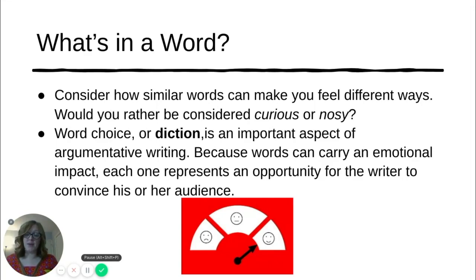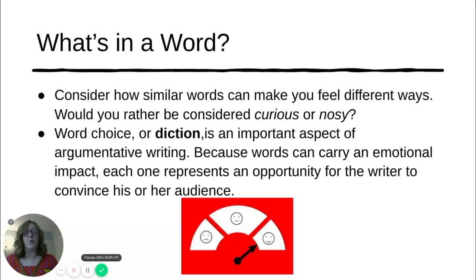negative or unpleasant feelings. For instance, would you rather be considered curious or nosy? The word curious calls to mind positive feelings, and it makes me feel happy. On the other hand, the word nosy could make you feel negative or unpleasant.